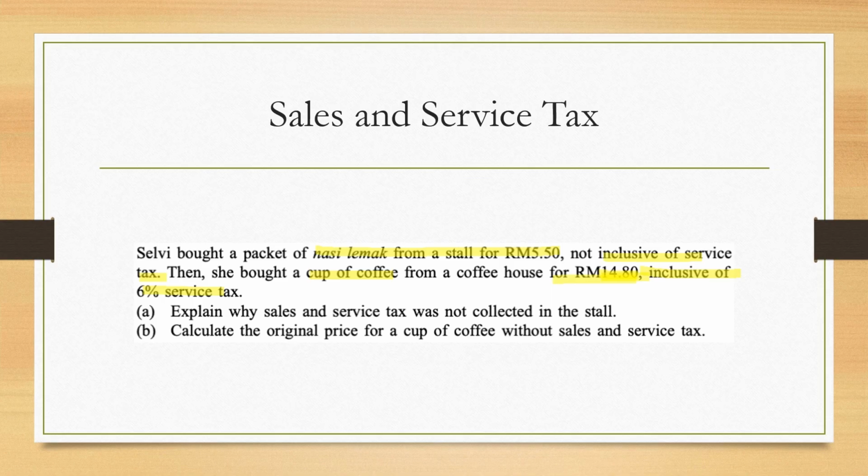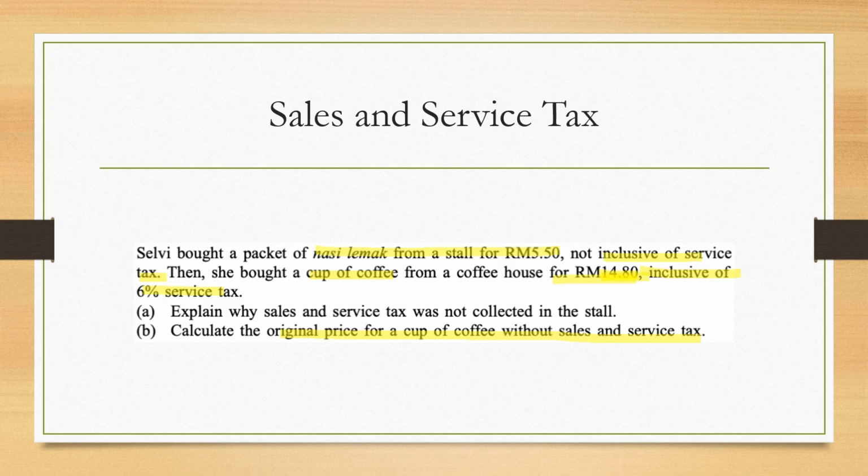Okay, for this one you must have some general knowledge. I did not really tell you, I'll explain this when I review the answer. Alright, and calculate the original price of a cup of coffee without sales and service tax. Usually they give you the service tax rate of 6% and the initial price before the service tax.